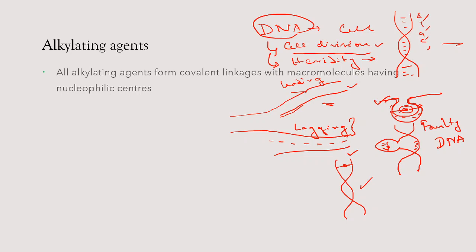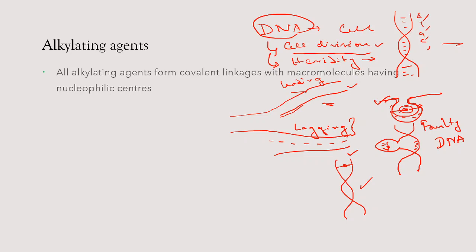I have also mentioned here that anti-cancer alkylating agents have a tendency to go to the N7 position of a guanine molecule. But apart from that, you must remember that there are several other molecules which also contain such nitrogen atoms with empty or non-bonding electron pairs.